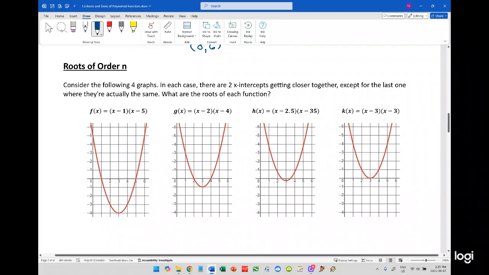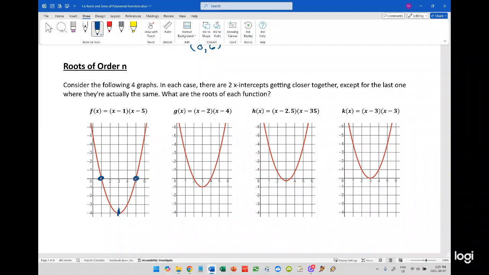So here's what I want you to notice in this graph. I've progressively taken basically the same parabola and just kept shifting it upwards more and more. So here, when the parabola looks like this, we have x-intercepts of 1 and 5. The vertex is at 3, right down the middle.